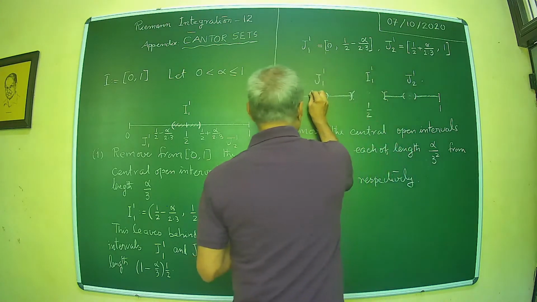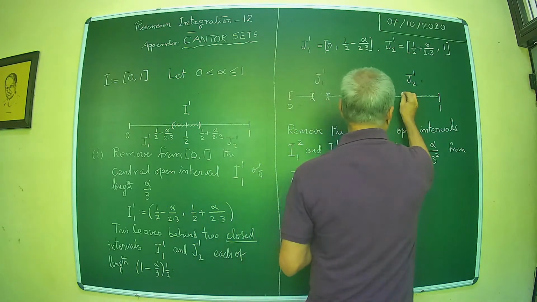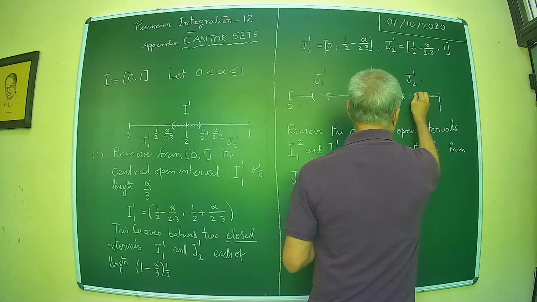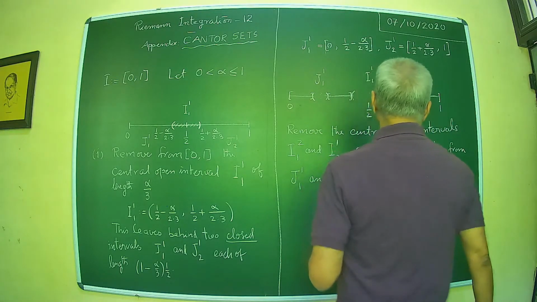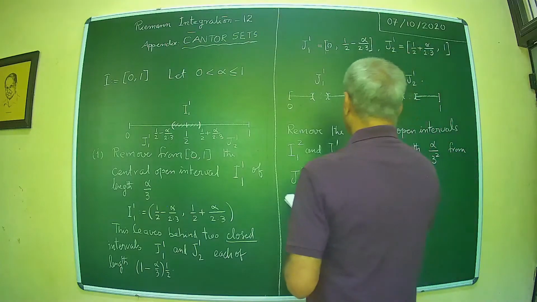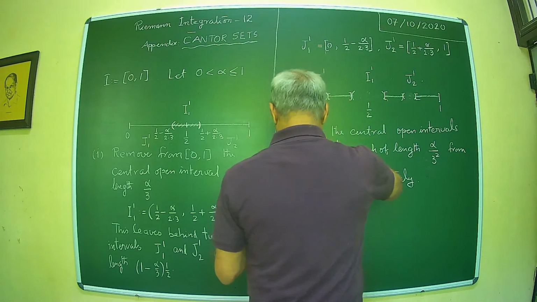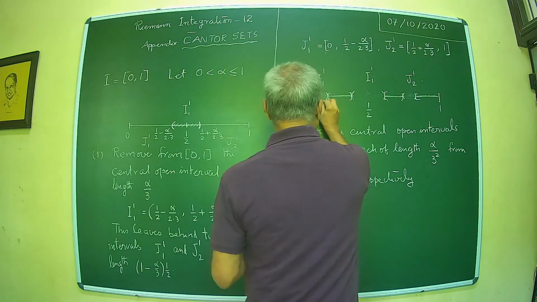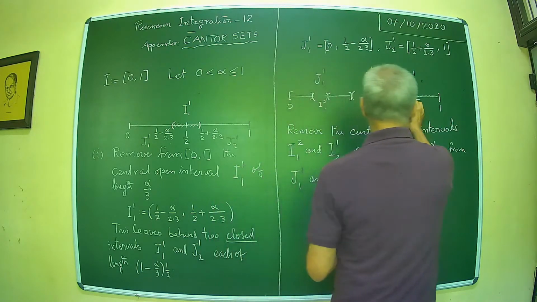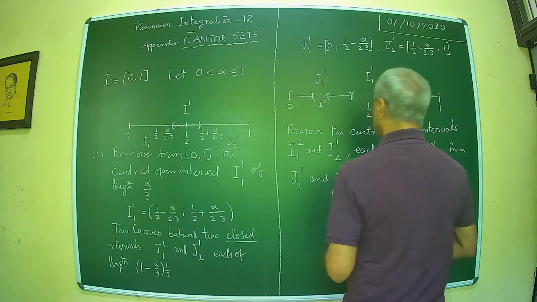So you are left with now 4 closed intervals, shown here in the figure. So what you have removed is this I21. This is the second stage activity. This is also I22.